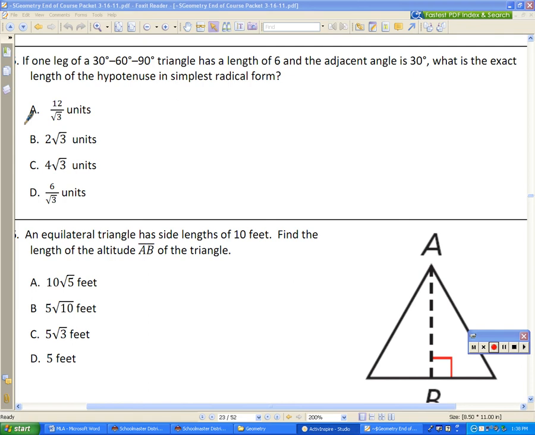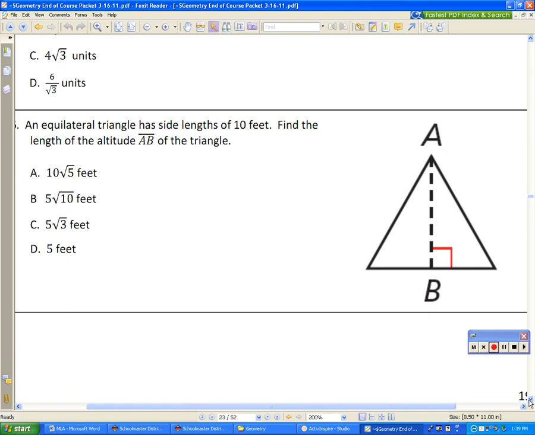Okay, next one says an equilateral triangle has side lengths of 10 feet. Find the length of the altitude AD of the triangle. And so what they're telling us here is that each one of the sides is 10. So if this whole side is 10, what's this little piece here? 5.